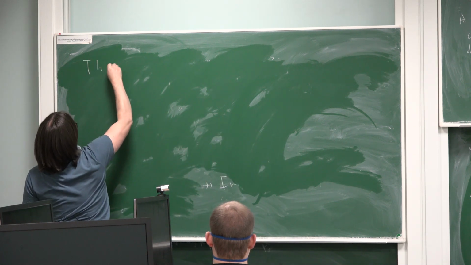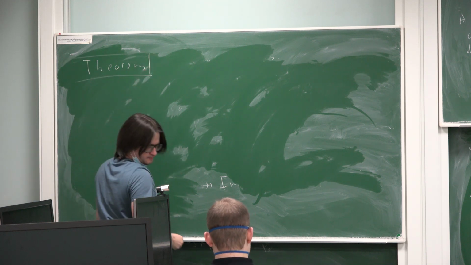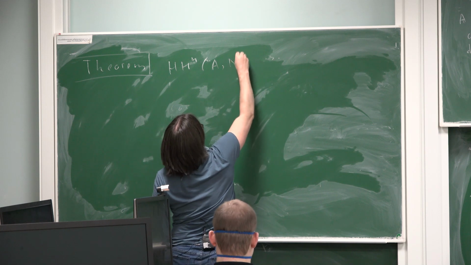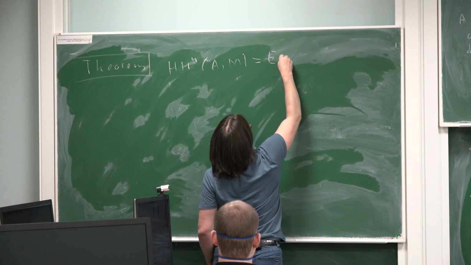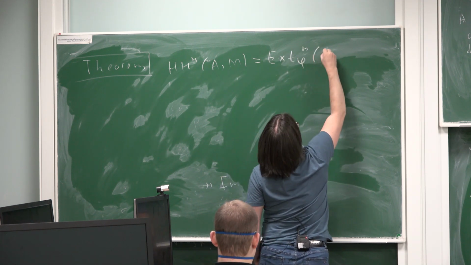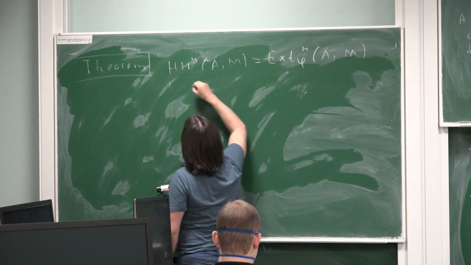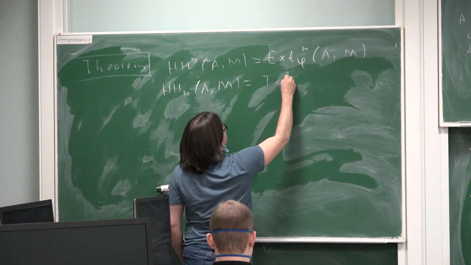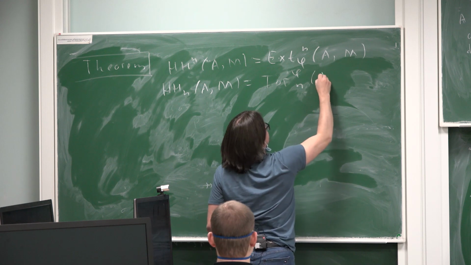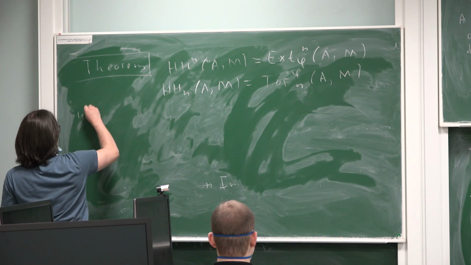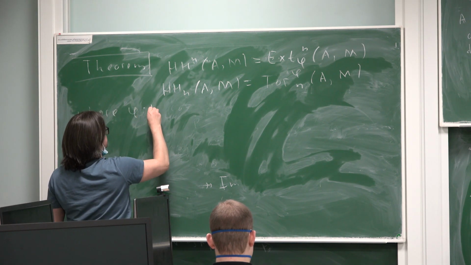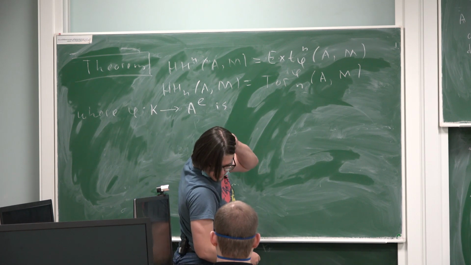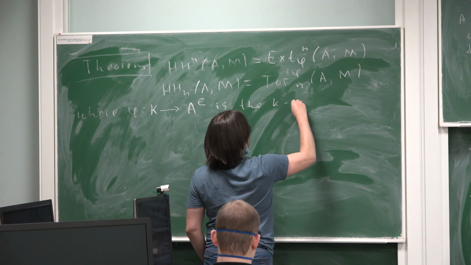So the theorem is that HH n of A M is Ext phi n of A M and Hn of A M is Tor phi n of A M, where phi from k to A E is the k algebra structure map.